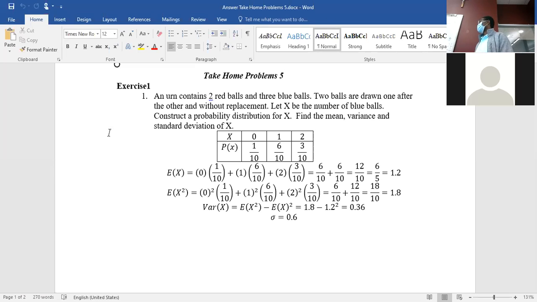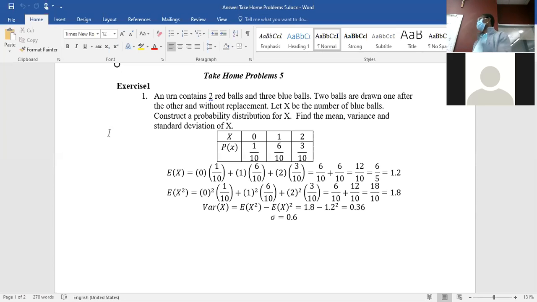When you finish, to be sure that you have not made a mistake, if you add the probabilities, you should get 1. Or the numerators should add to 10. If you get 10/10, that's fine. You can still get 10/10 when you are doing something wrong. But if you don't get 10/10, then definitely you are doing something wrong. If the sum of the probabilities is not 1, you are doing something wrong.